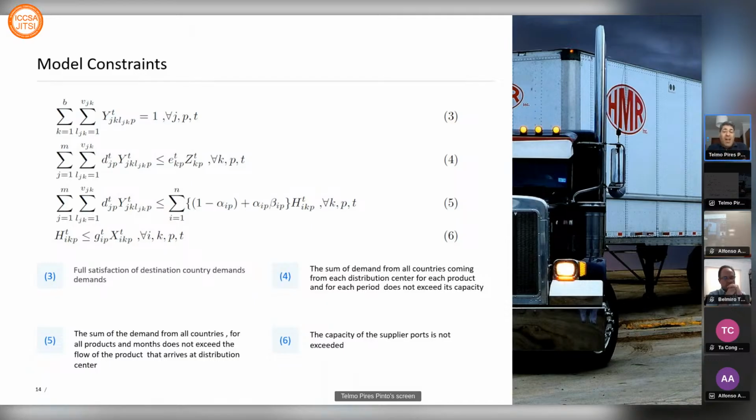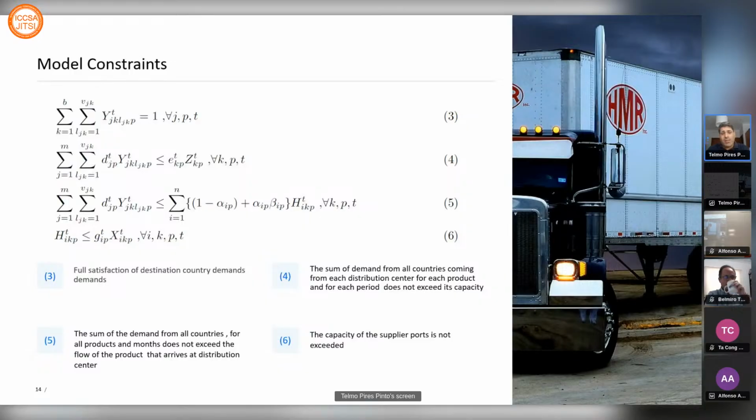In constraint 5, we enforce that the total outgoing flow from a distribution center, after, for instance, any potential transformation of soybeans into meal, does not exceed the amount that actually arrives there.